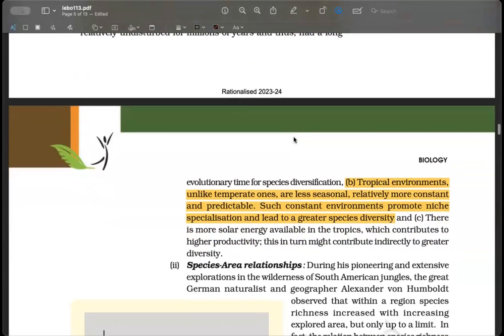And then the third is just a sub part of the second only, but still you can write it separately, that there is more solar energy available in the tropics. Of course, because you see the sun more in the tropics than in the temperate and polar areas.